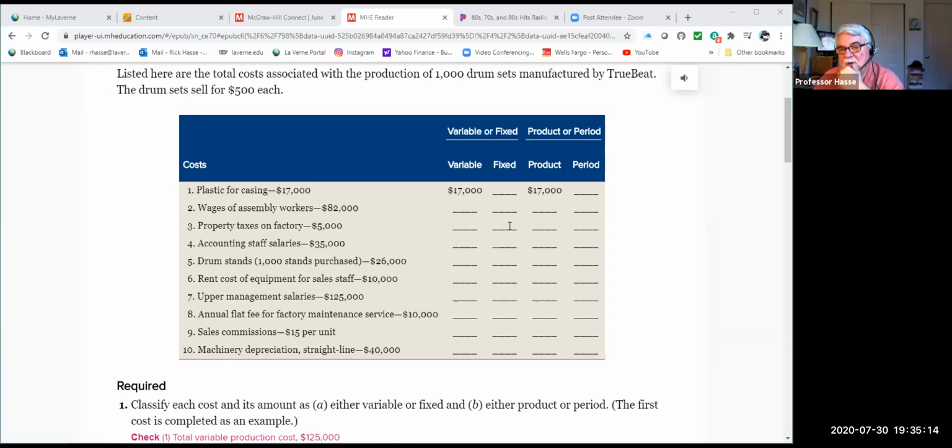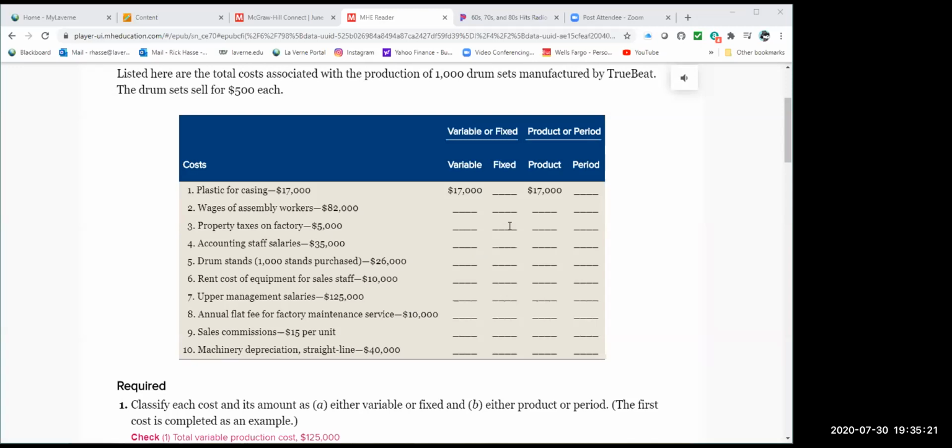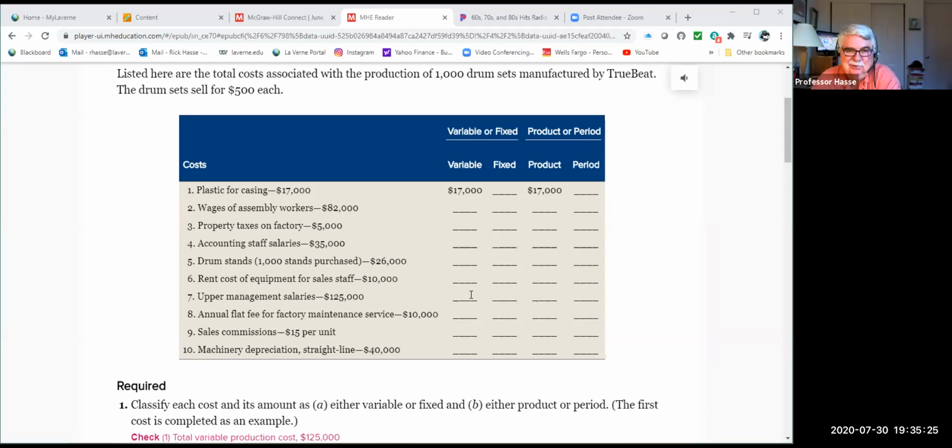Excellent. Nope. Product. Because the factory is where you're making the product, right? But you're exactly right with the fixed. Property taxes have nothing to do with how many drums you produce. Very good. So the answer to number 3: property taxes on the factory are fixed and product. The key determination there for product is the factory is where you produce the product.